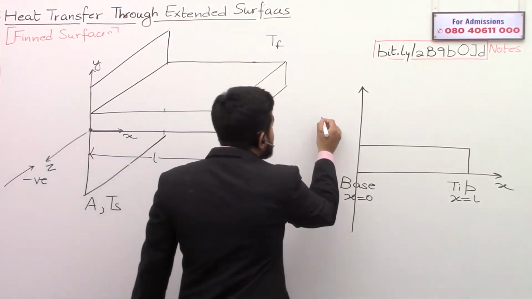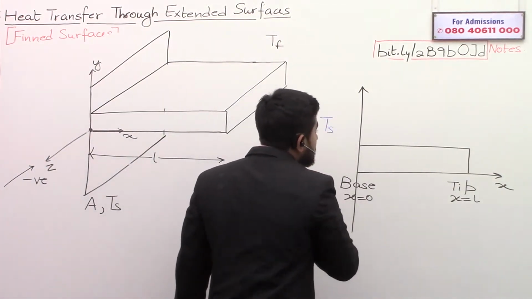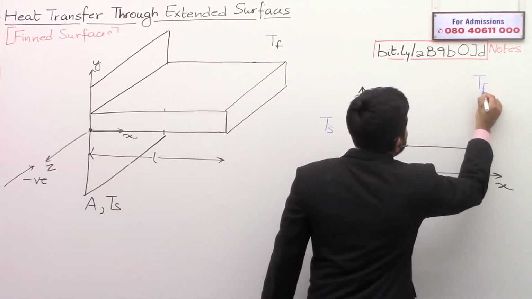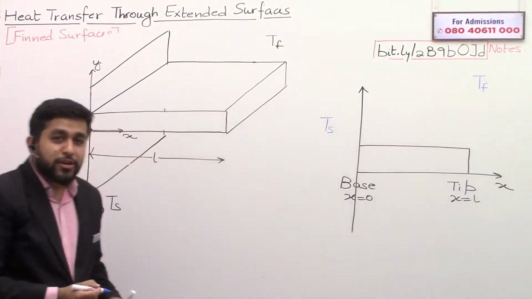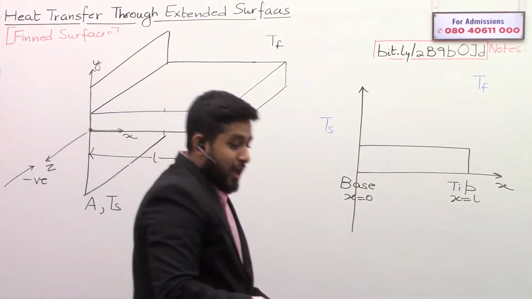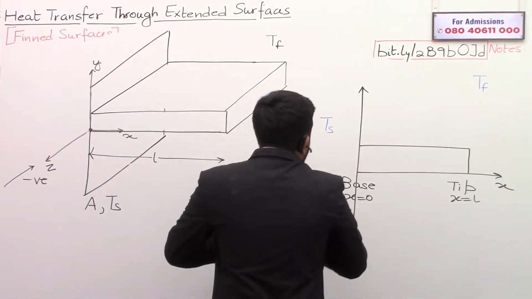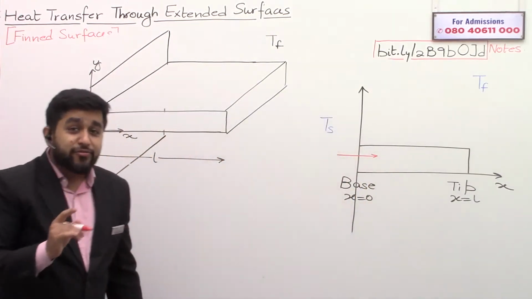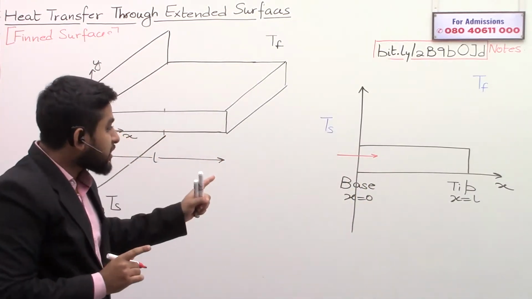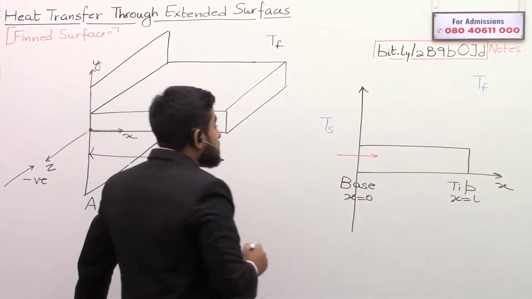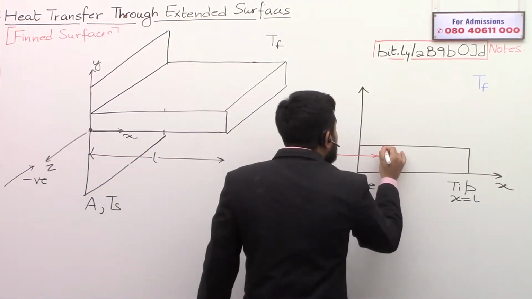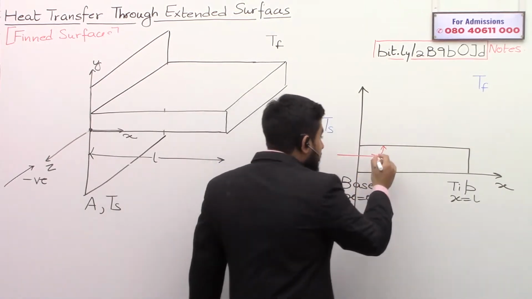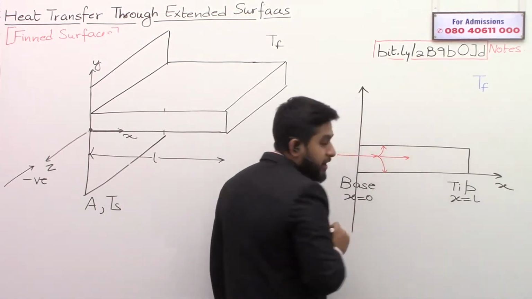So we have a solid surface. On the solid surface, there is an extra material, and that extra material is exposed to fluid at temperature Tf. I think what will happen is that by conduction, the heat from the solid surface will enter into the fin. And by conduction, a part of the heat will move towards the periphery, and definitely the remaining part will move ahead.